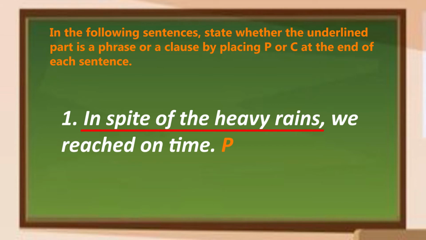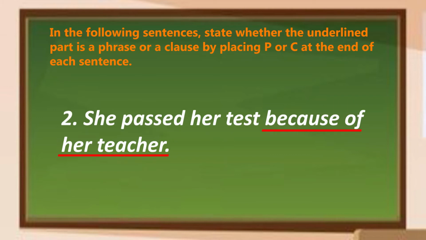Now, if you said phrase, you're correct. Because what? We don't see a subject or a verb in this part of the sentence. It does not make complete sense. We know that something is missing. Sentence 2. She passed her test because of her teacher. And the part of the sentence that is underlined reads, because of her teacher.